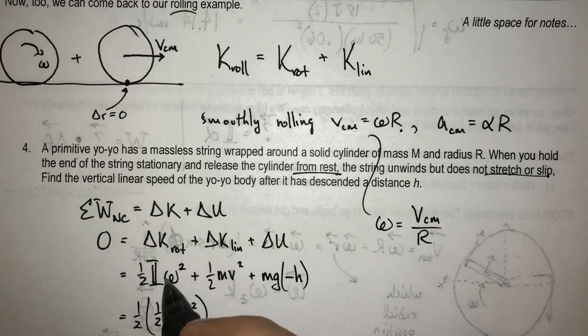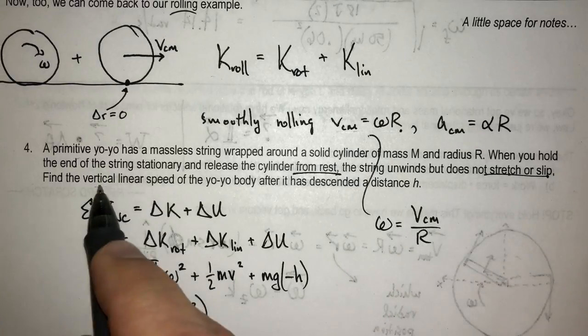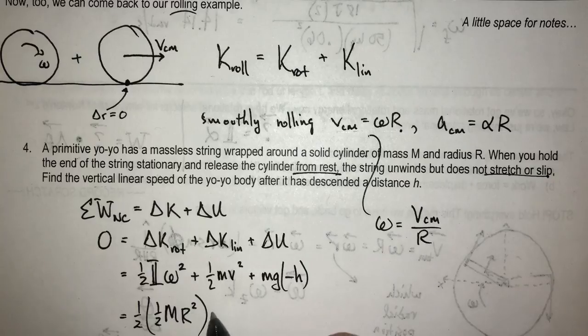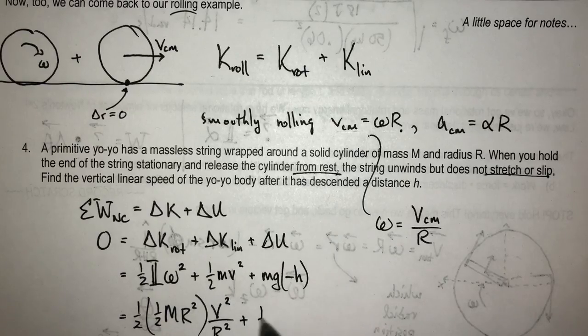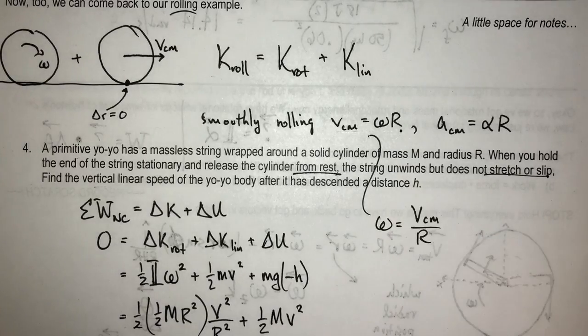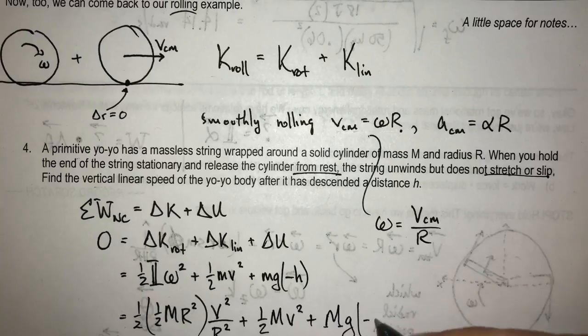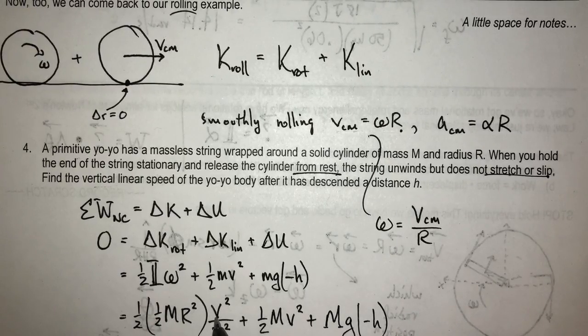Omega in terms of the linear speed of the yo-yo body is v squared over r squared, plus 1/2 m v squared. I just switched to capital M because that's what was initialized in the problem. Plus mg negative h. And we want to solve for v.